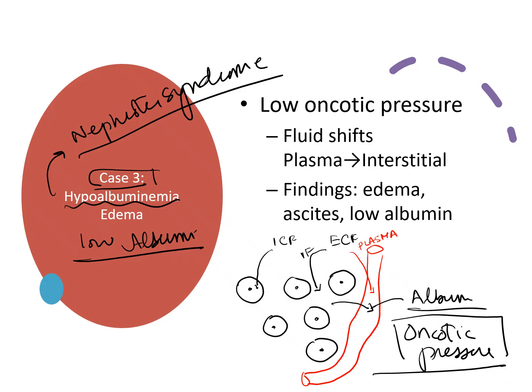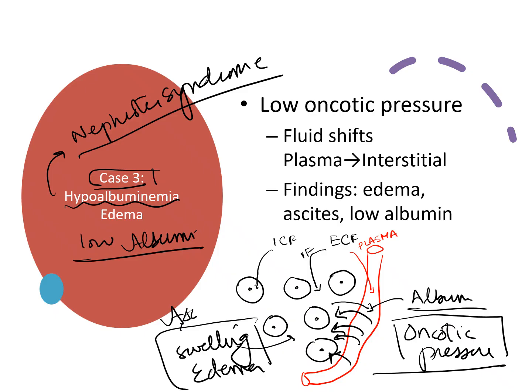So the fluid will shift from plasma towards the interstitium because there will be low protein in the plasma, loss of oncotic pressure. The fluid will move towards the interstitium, which might have more protein. And when it moves towards the interstitium, the interstitial fluid will get higher, and that would result in swelling or edema.